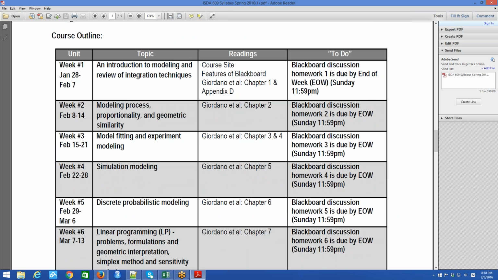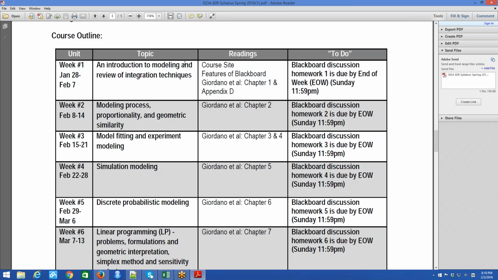Then let's look at the outline of each week. We try to follow the textbook rather closely. For the first 3 weeks, there really isn't a lot of substantial content.